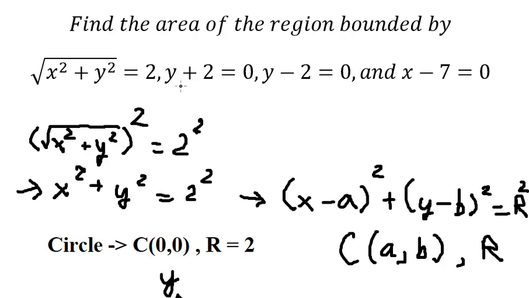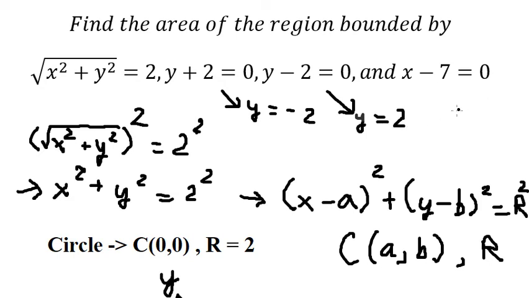The next one, y plus 2 equals 0. So I will put 2 to the right, so we have y equals negative 2. Similar for this one, we have y equals positive 2.